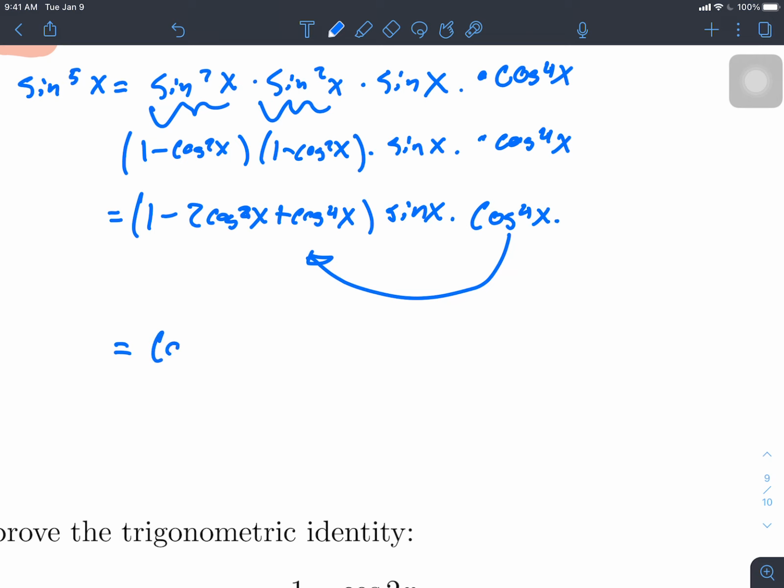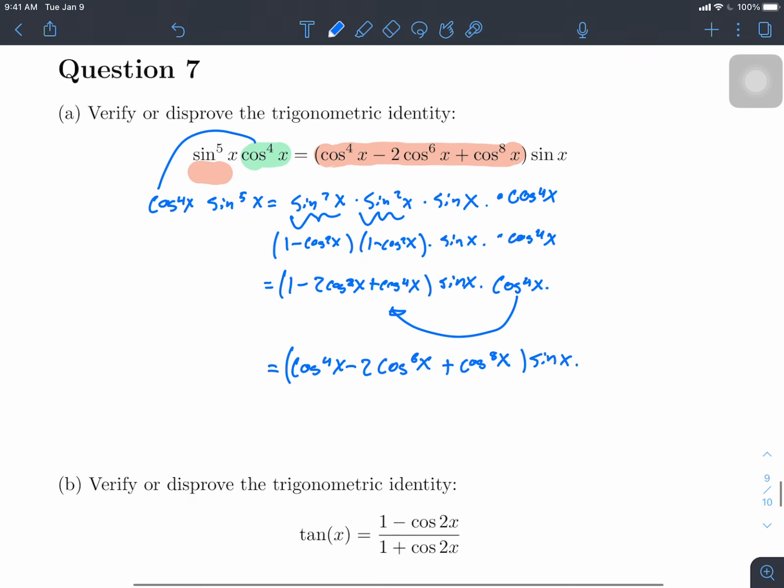And what will it become? Well, it'll become cosine to the power 4x minus 2 times cosine to the power 6x plus cosine to the power 8x times sine x, which is exactly what we have on the right-hand side. So it's true.